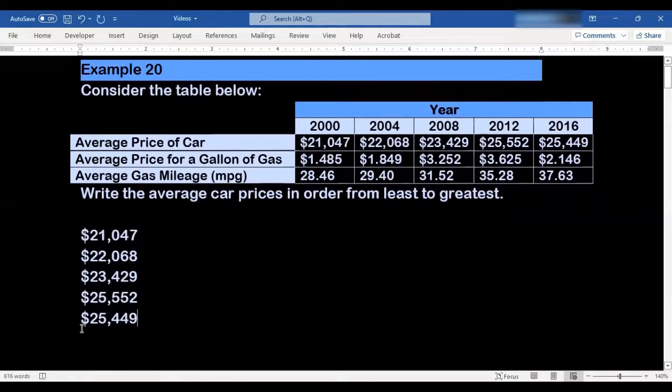As I'm writing these out, one of the things I noticed is that they all are the same length. They all have digits in the thousands period, and then digits in the ones period.